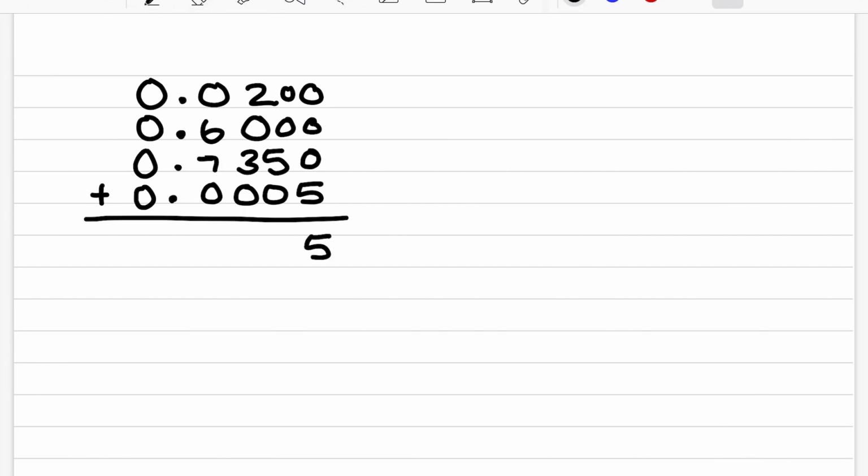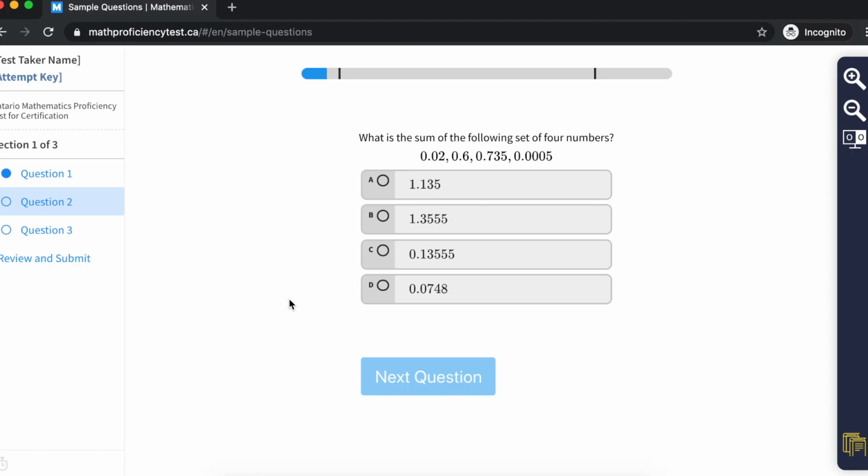There's just a 5 in this column, 5 in this column, 2 plus 3 is 5, and 6 plus 7 is 13. So we add the decimal, again, still in line with all the decimals that we had when we added them up, and we get our answer of 1.3555, and that's answer B. That's a pretty simple one.